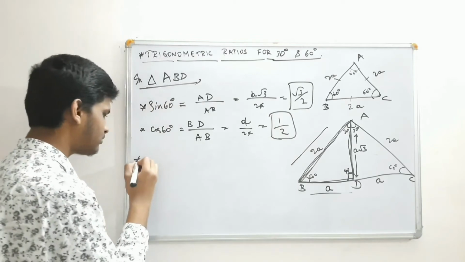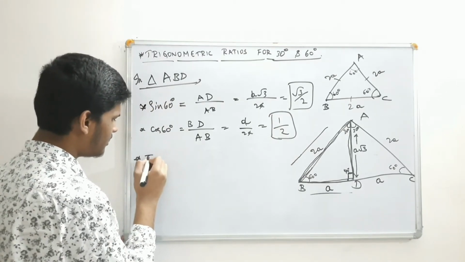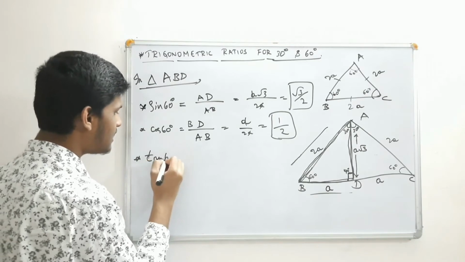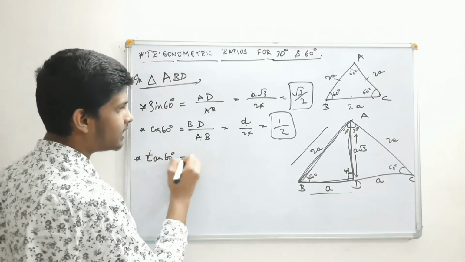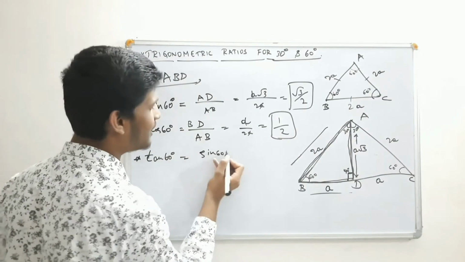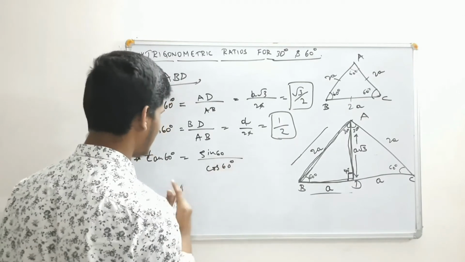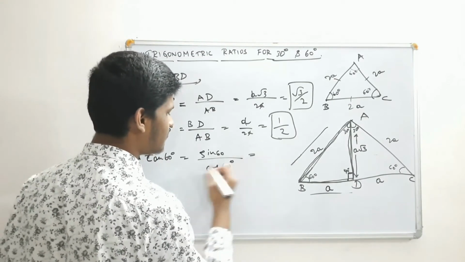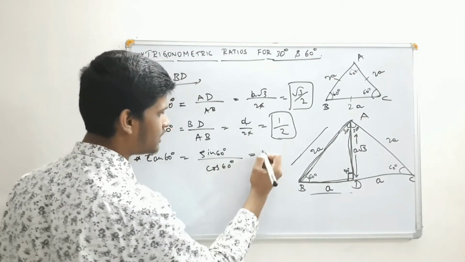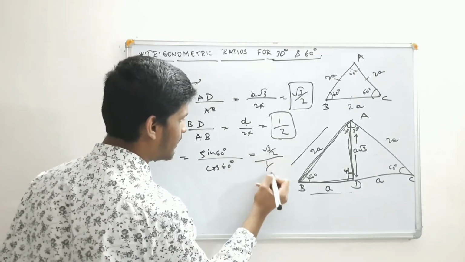Superb. Next, if you come to tan 60 degree, that is sine 60 degree by cos 60 degree, or even you can take these ratios. I am a little lazy, so I take like this. So sine 60 degree by cos 60 degree, that will become root 3 by 2 divided by 1 by 2.